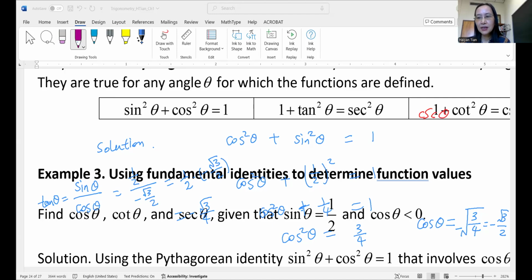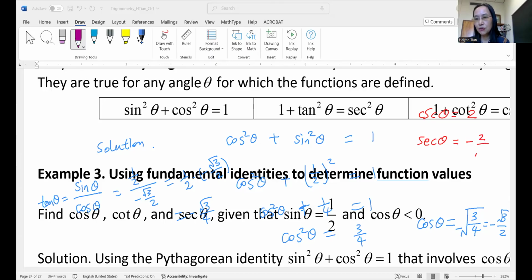Cosecant theta is the reciprocal of sine, which is 2. And secant theta is the reciprocal of cosine. Cosine is found, so reciprocal, you just flip that fraction, right?